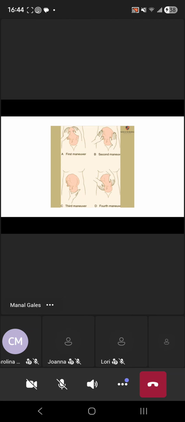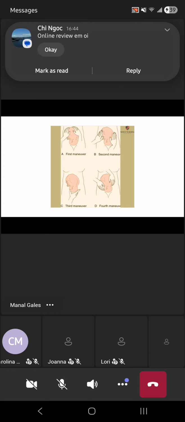No, it will be the buttocks area. If in the pubic area they feel a rounded, firm mass, this is the head. If they feel rounded and soft, it will be the buttocks presentation, right? It will be a breech presentation.